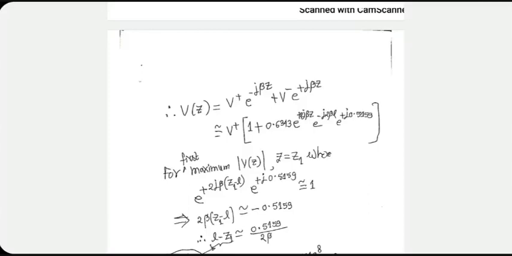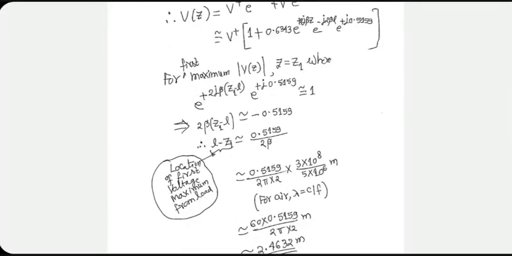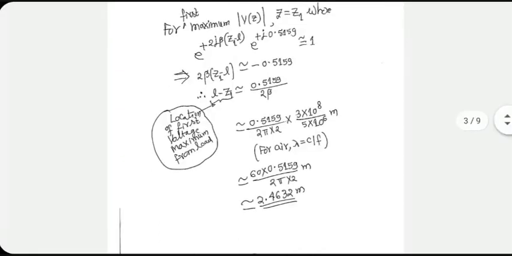And that solves to L minus Z1 equal to, you can follow these steps carefully, L minus Z1 is 2.4632 meter. That is what they're asking. They want the location of the first voltage maximum from the load side. So L minus Z1 is the correct answer.